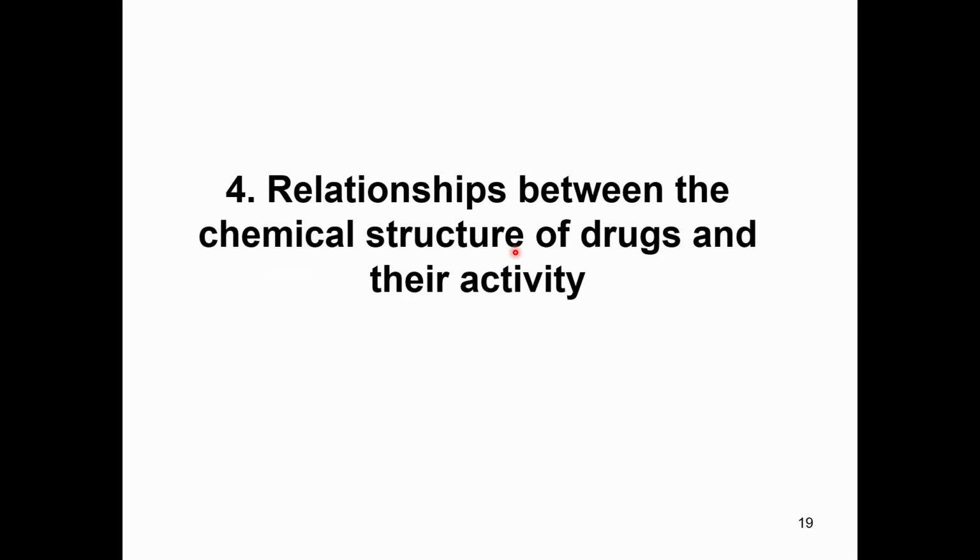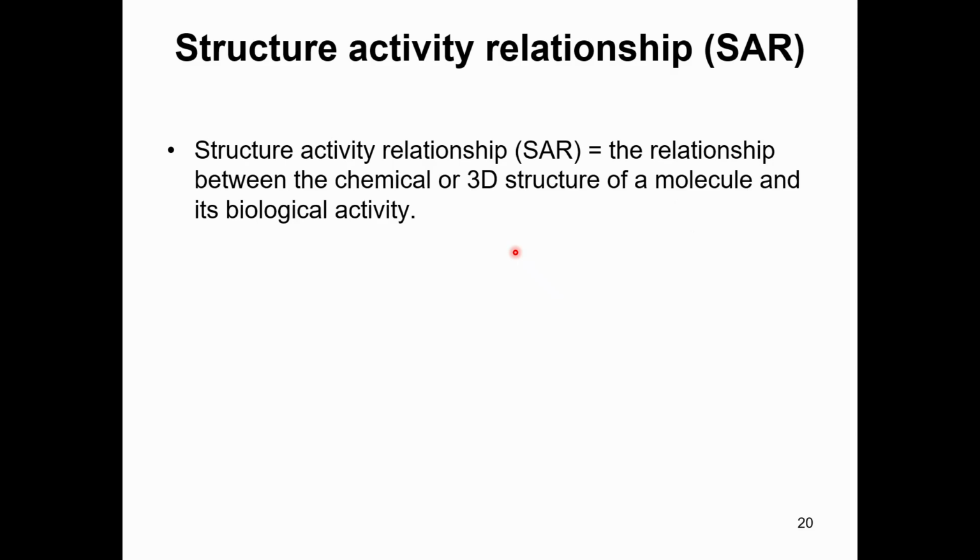Okay, so the last thing I want to do in the remaining 14 minutes or so is zero in on one part of this, basically pharmacodynamics, and that is the relationship between the chemical structure of the drug and its activity. So obviously drugs have very discrete chemical structures, and that's very important.